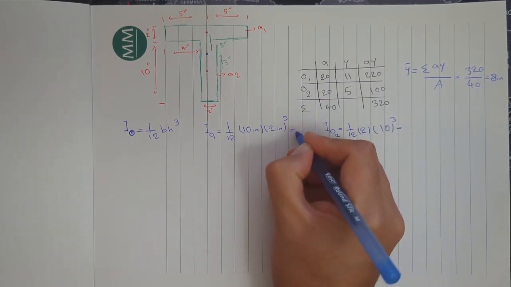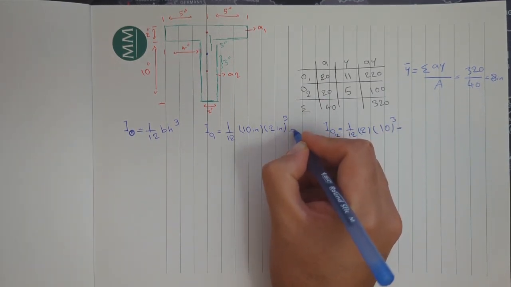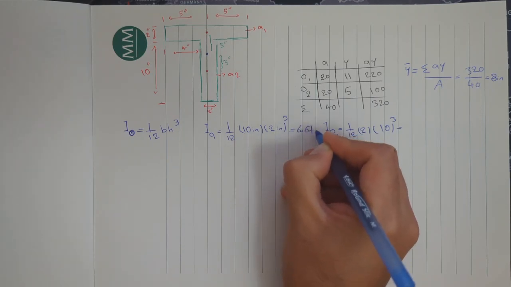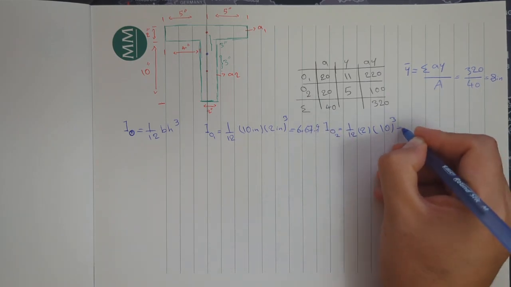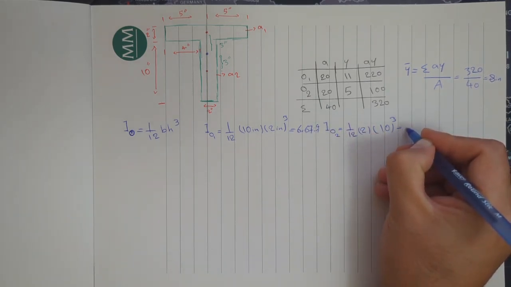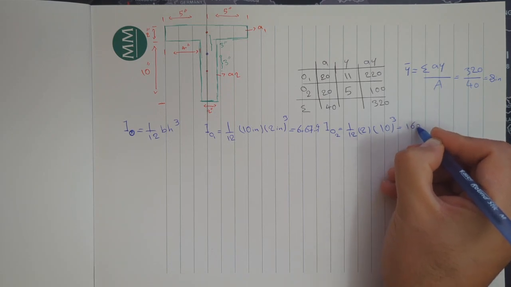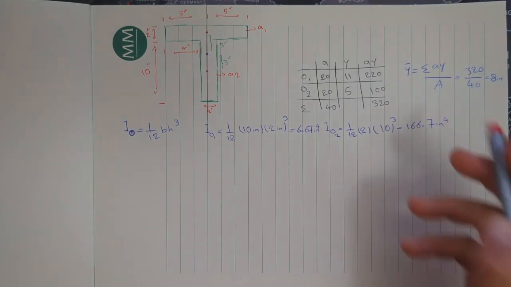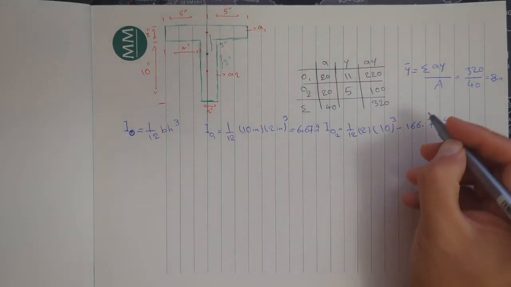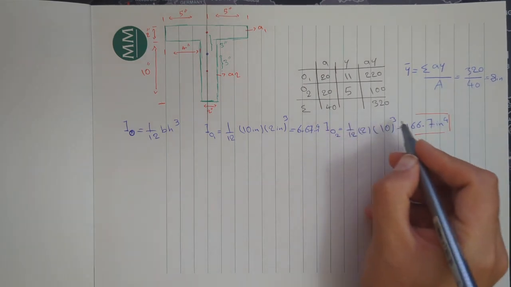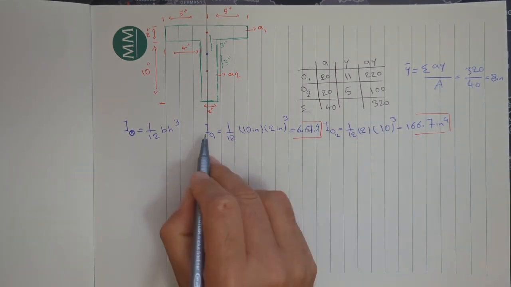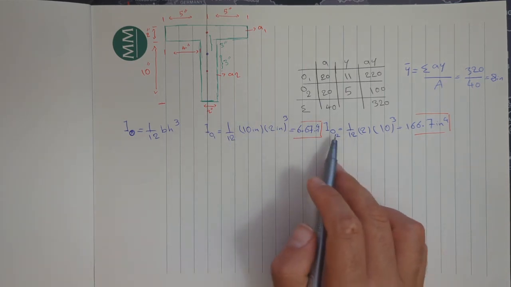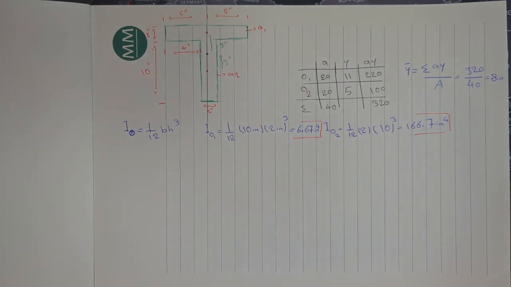So the answer for object number 1 is actually 6.67 inch⁴, and for object number 2 is 166.7 inch⁴. So let's say this is the moment of inertia for object number 1, and this is the moment of inertia for object number 2.